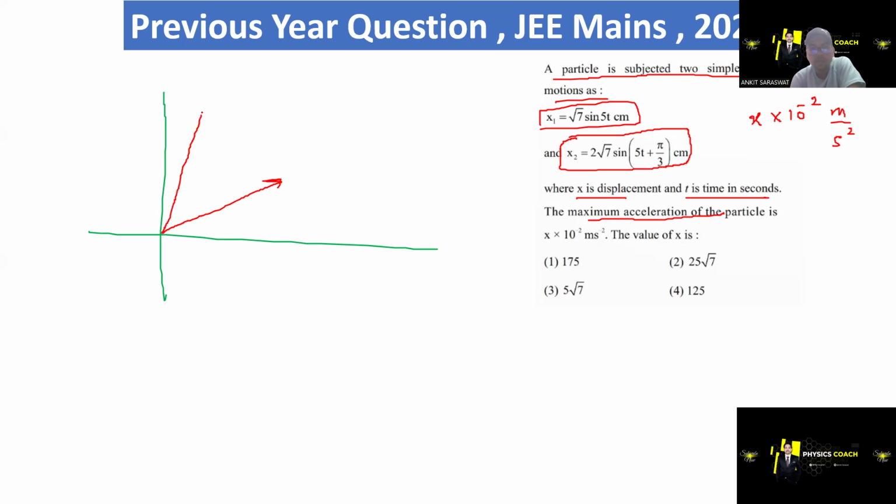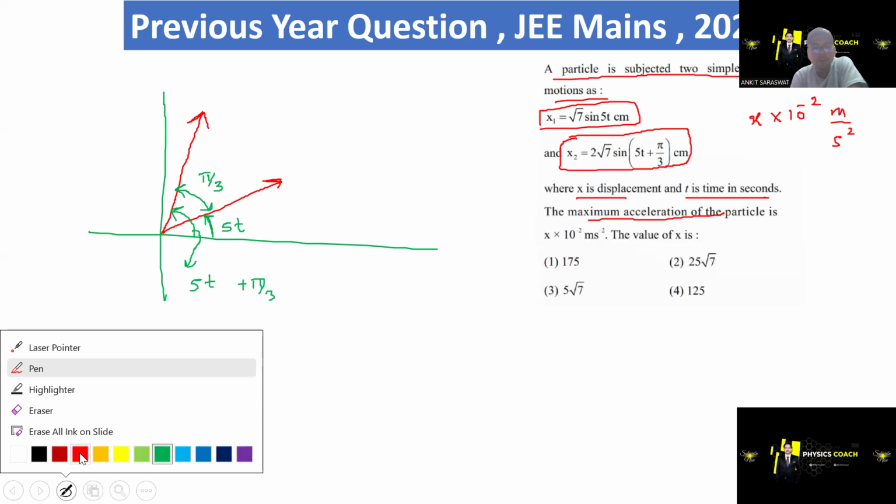This is 2 root 7 sin(5t plus pi by 3). The angle between the two vectors is pi by 3.